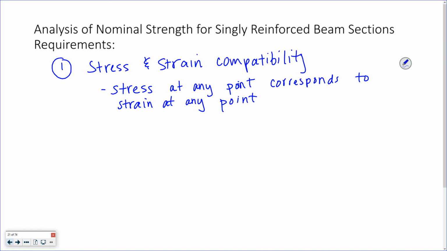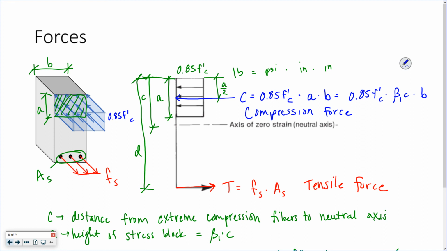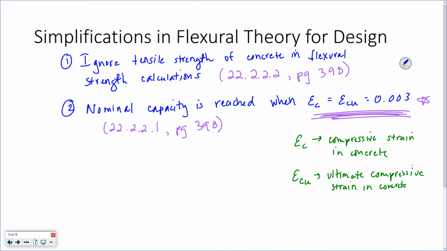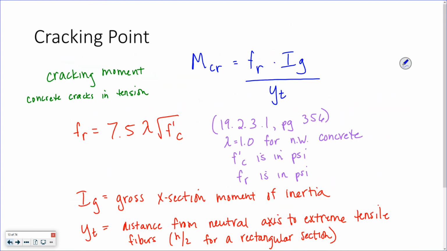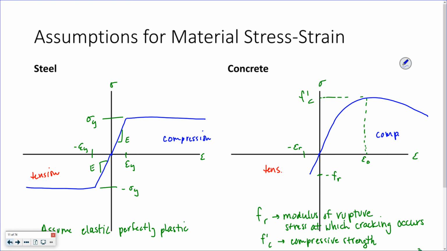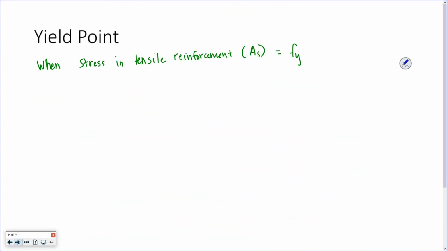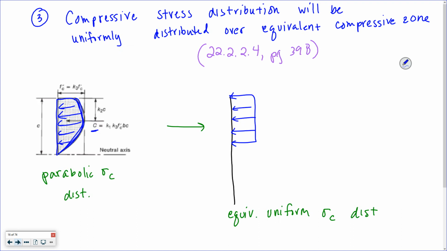Right, where were those? Our steel on the left side, we assume it's elastic, perfectly plastic, and then concrete will follow that stress strain curve, although we're going to assume a stress and a strain for concrete.